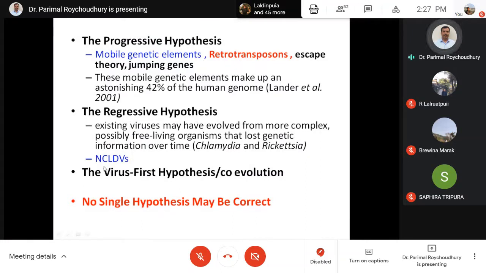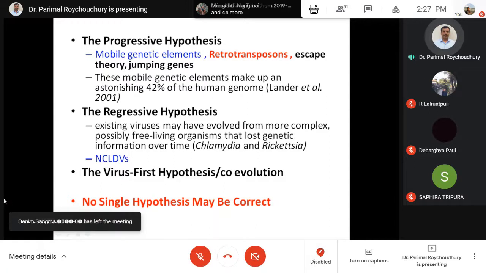There is a certain group of viruses called nucleocytoplasmic large DNA viruses, like poxvirus and herpesvirus. They sometimes have some independent nature inside the host cells where they can replicate. So they have more or less some similarity with this group of bacteria. So it's called the regressive hypothesis.